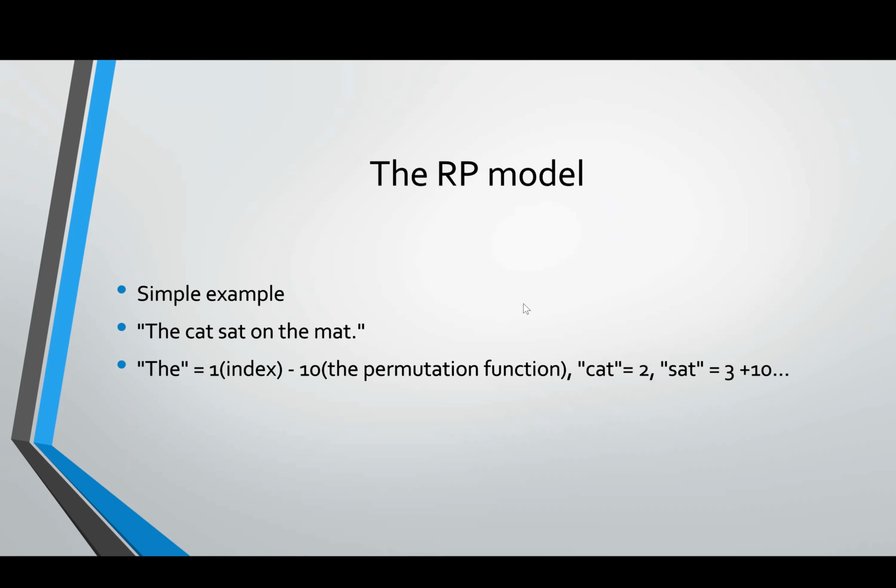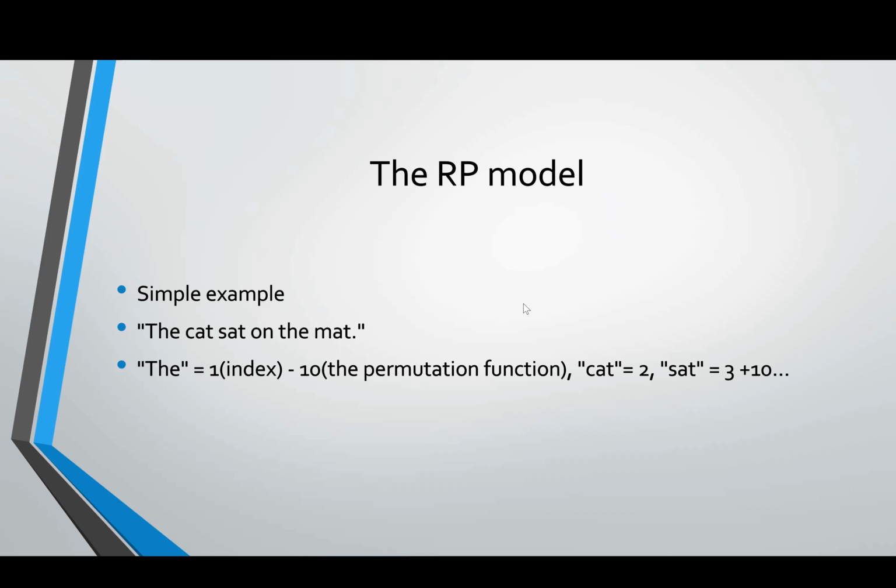And then cat by itself has no permutation, so we just leave it at 2. Sat has 3, and we add 1 permutation, so it's 13, and so on. So the encoded vector for cat would be something like -9, 2, 13, 24, and so on.